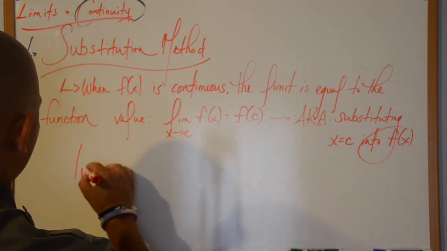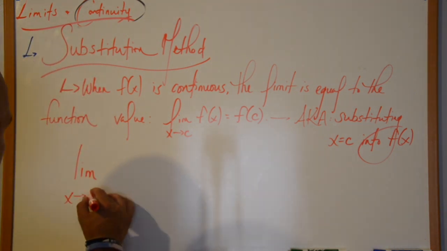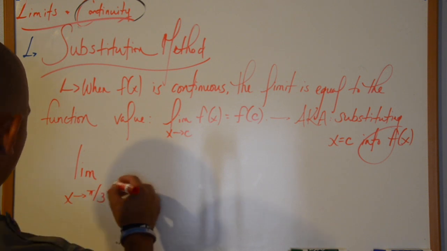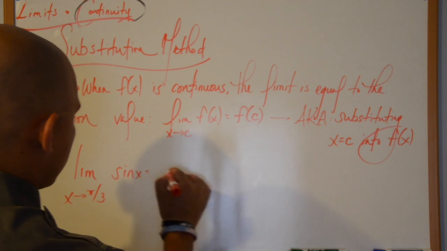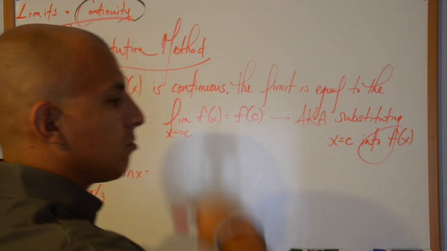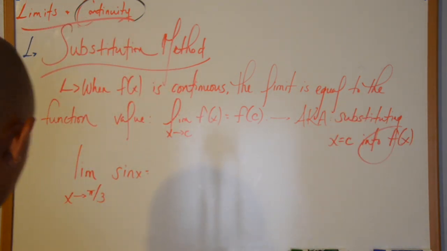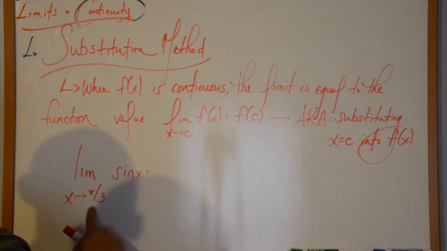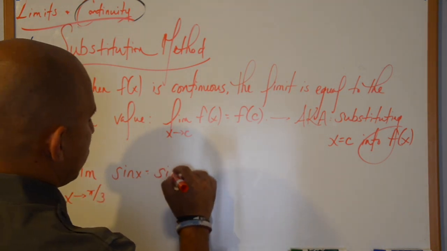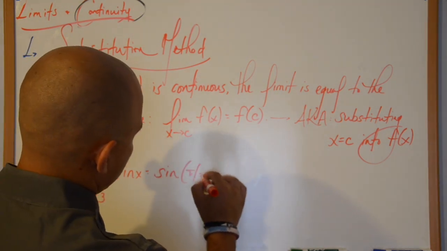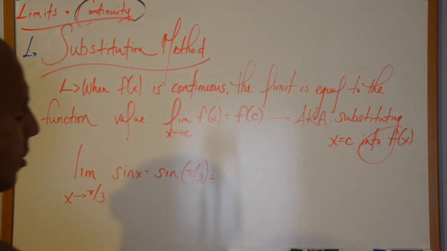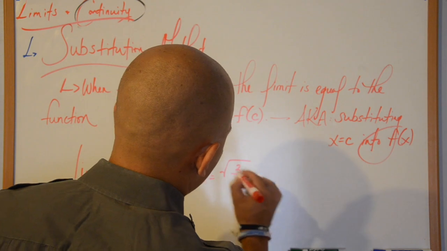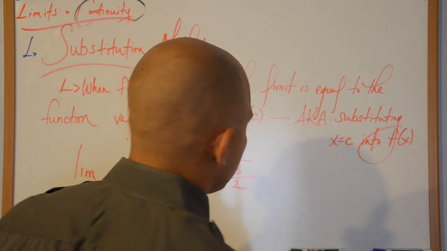So let's say we have the limit as x approaches pi over 3, apologies, of sine of x. If you know the sine function, sine oscillates and is thus continuous. Therefore, we can take this value and simply substitute it in, which yields root 3 over 2.